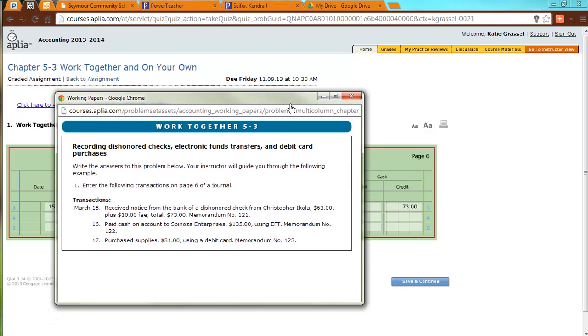Now, March 16th, paid cash on account to Spinsoda Enterprises for $35 using EFT Memorandum 122. Basically, EFT just means I paid them cash, but I didn't physically write out a check. So this transaction is no different than if it would have said check number 122. Agreed? Except the source document changes.